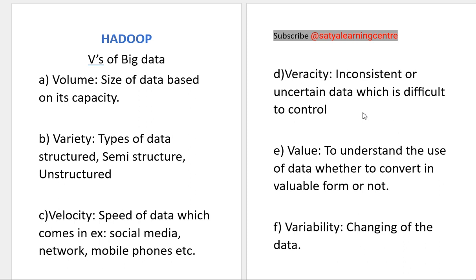Because if we don't know the size or capacity of the data, we cannot understand how many blocks and how much memory we will need, which we will discuss later in HDFS architecture, the Hadoop file system. Before going to HDFS, we need to know the size of the data, so that we can use rack awareness and store the data based on its volume, based on its size.